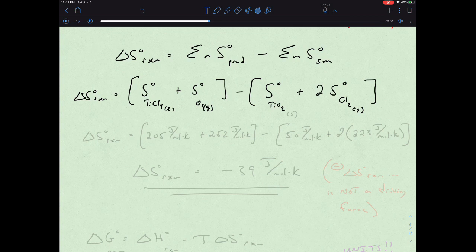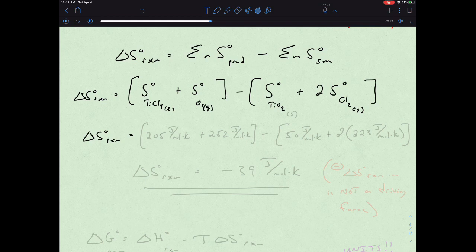Now, while enthalpy of elements as they exist in nature is 0, remember that with entropy, there is no 0 value. So all of these molecules have an actual entropic value. So we go to tables to look these up again.